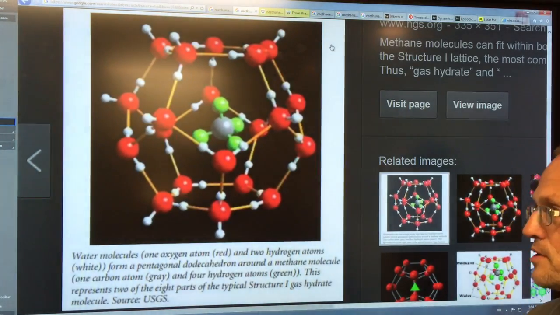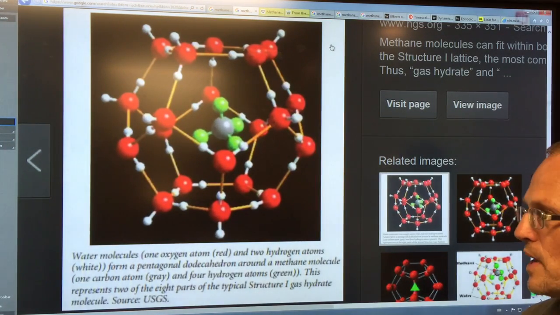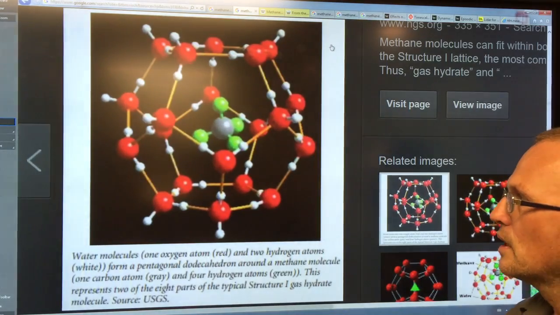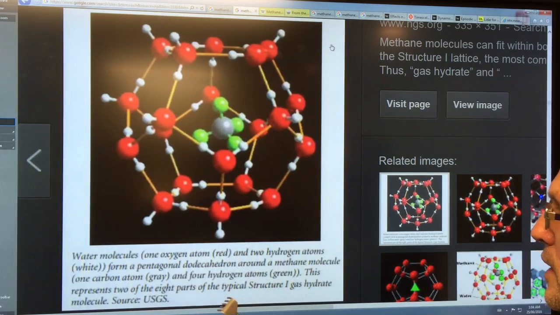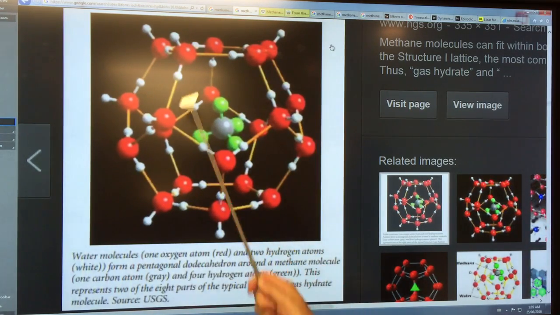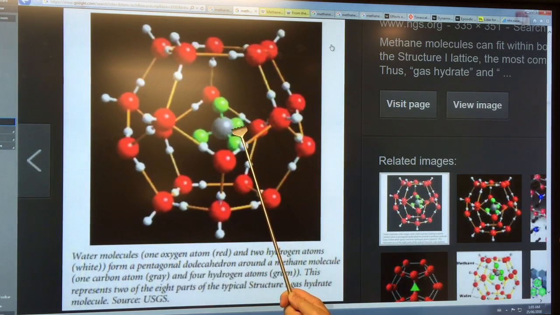When you get high pressures and low temperatures, for example at the seafloor, then the methane can be trapped in hydrate form. So basically the water molecules, consisting of one oxygen, the red molecule, and 2 hydrogen atoms, the white molecules, form this lattice structure, frozen water, around a methane molecule, which is the one carbon atom surrounded by 4 hydrogen atoms.